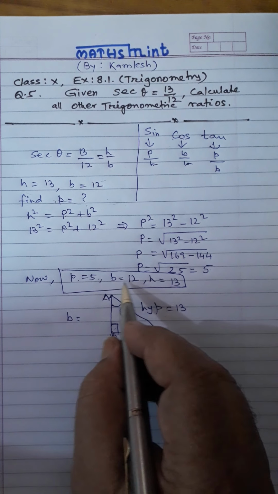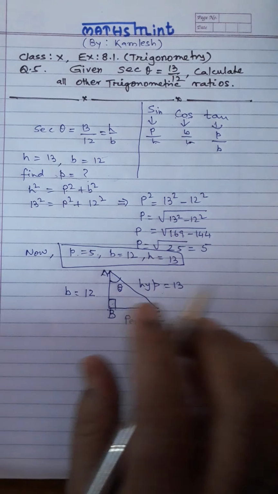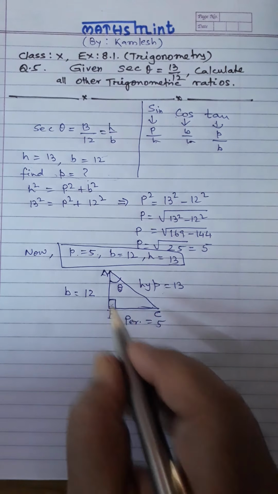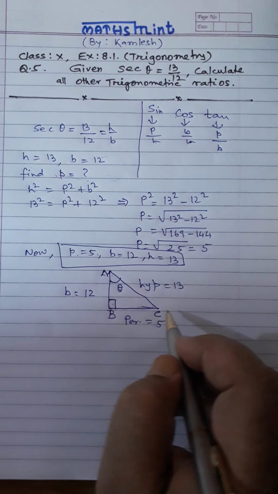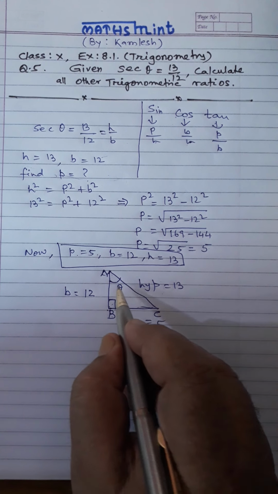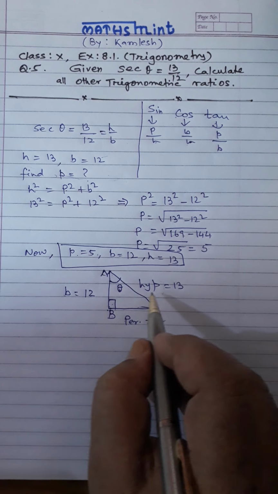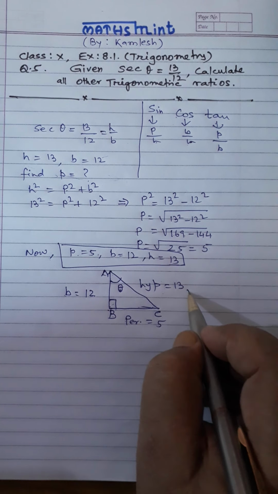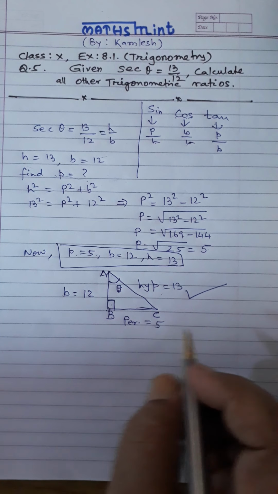It is 12, right? So all sides of the right angle triangle ABC I have found. For theta, P is equal to 5, B is equal to 12, H is equal to 13. Okay. So now give all the six trigonometric ratios.